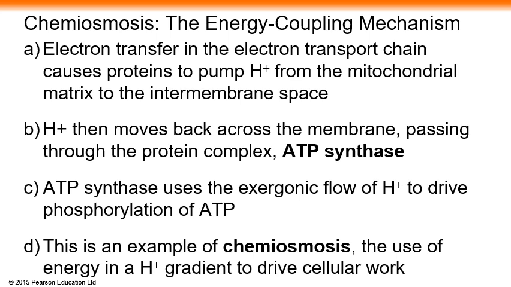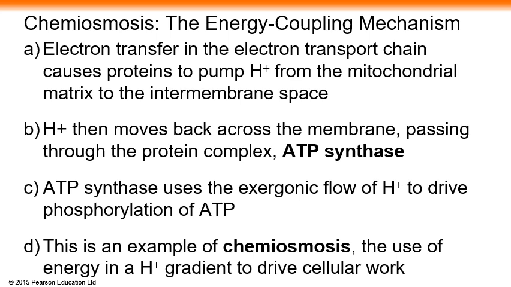So as carriers change between reduced and oxidized forms, passing the electron along, the result is that the flow of electrons through the electron transport chain pumps H plus ions, protons, from the matrix through the inner membrane into the intermembrane space.